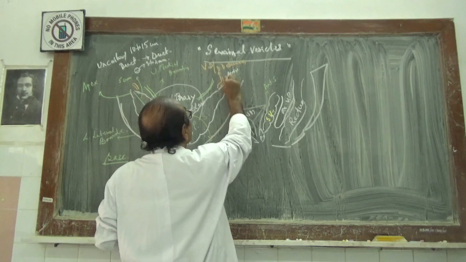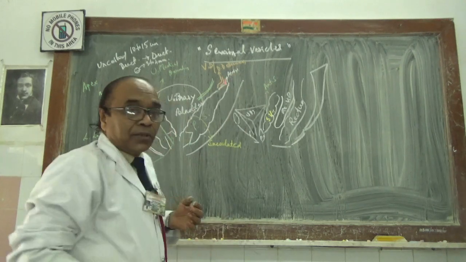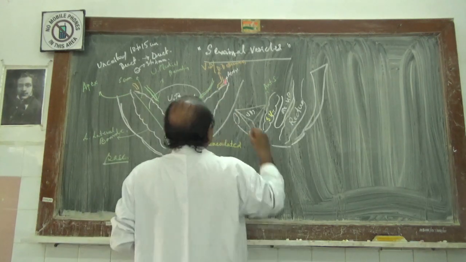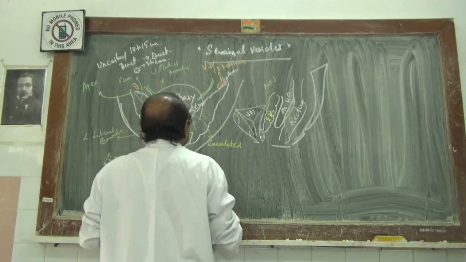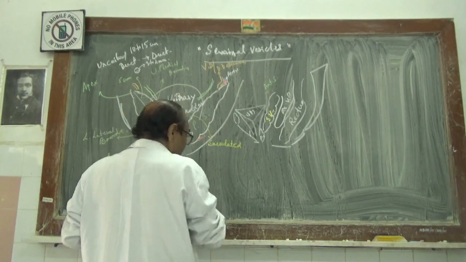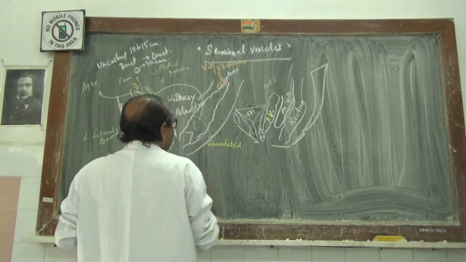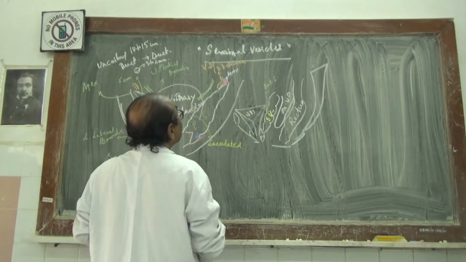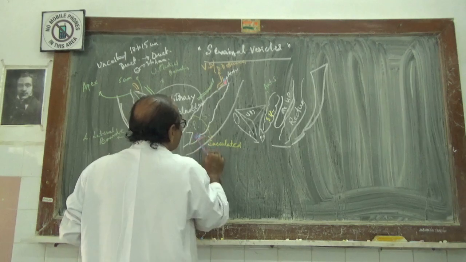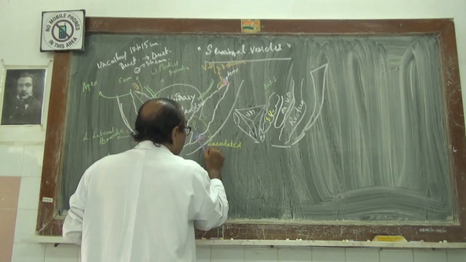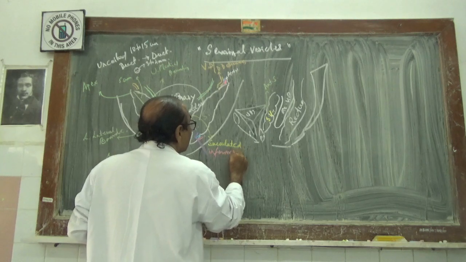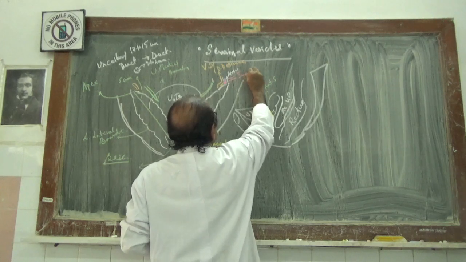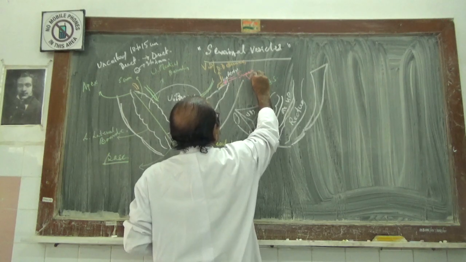Then it is related to inferior vesicular arteries, inferior vesicular veins, and the inferior vesicular group of lymph vessels. So these are all inferior. These are all the superior vesicular vessels.